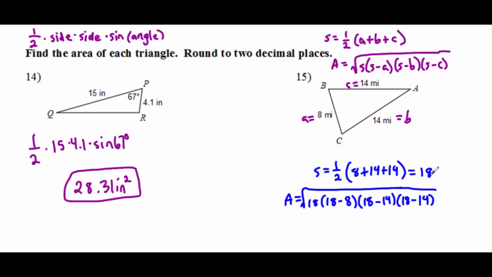And I get, trying to make sure I typed it in right before I tell you, I get 53.67. And that would be miles squared, because area is always in units squared. So whatever your units are, you square them, and that's your answer.